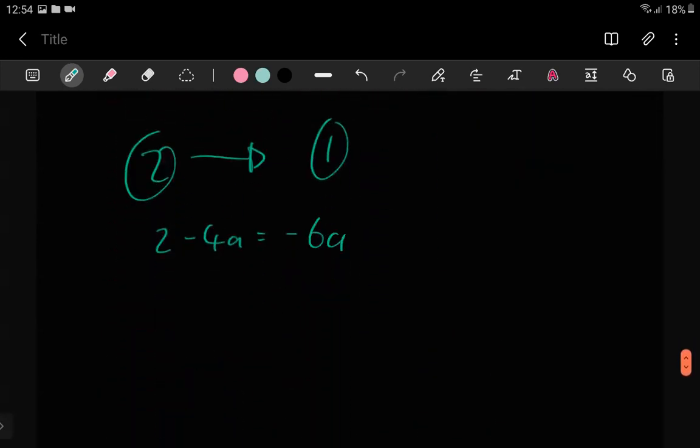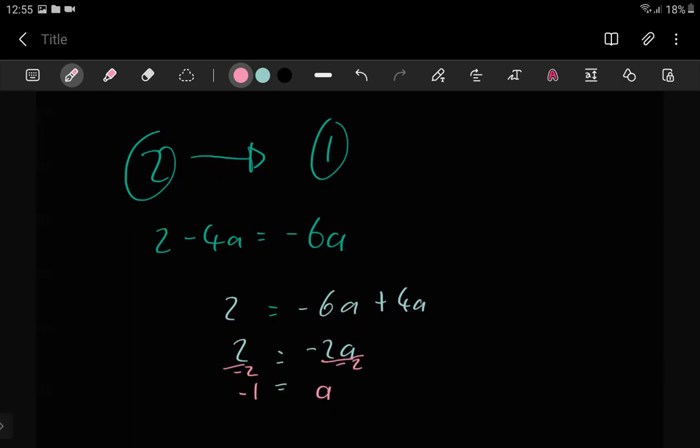You see. Solving for a here, we can see this goes to the other side. Negative 6a plus 4a, which is like negative 2a. And then divide by negative 2 on both sides. a is negative 1. You see it? Yes, I do.